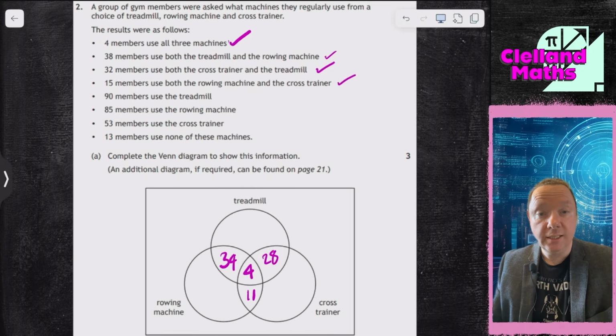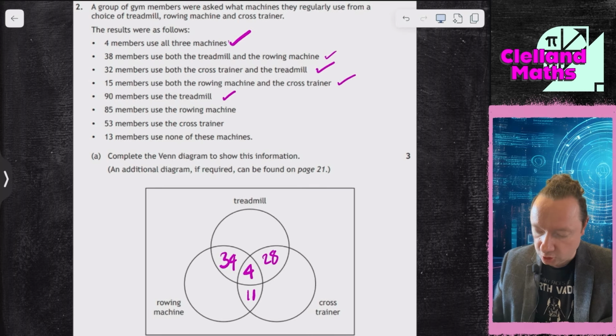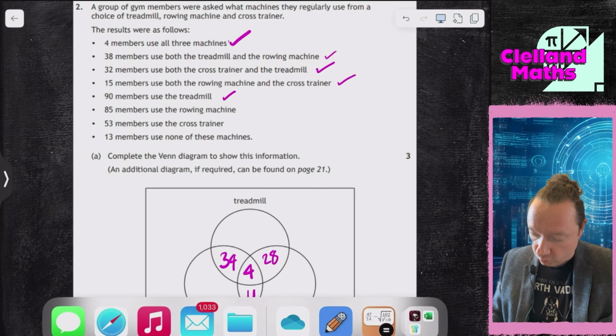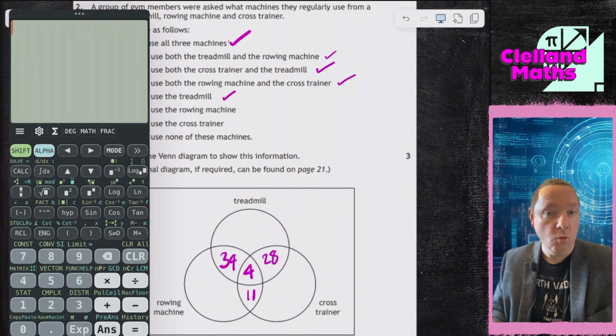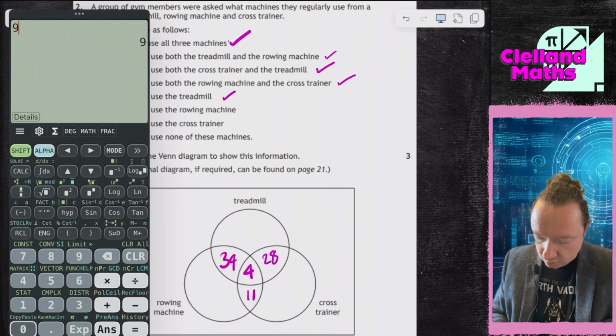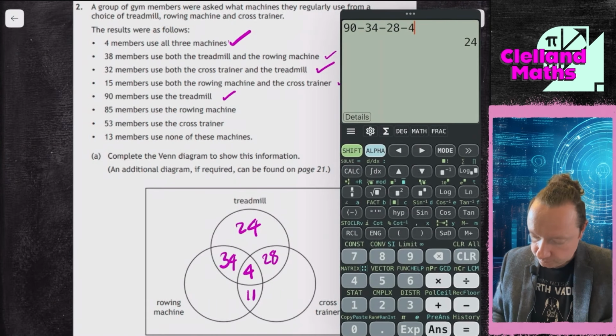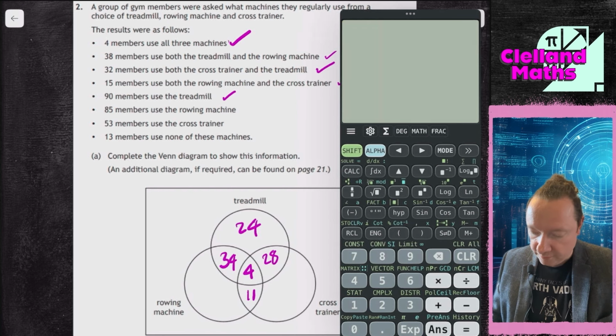Then we go on to our single boxes. 90 members use the treadmill, 90 in total though, so I need to take away, it's not 90 only use the treadmill. So 90 minus 34 minus 28 minus 4 leaves 24 left for the treadmill. 85 used the rowing machine.